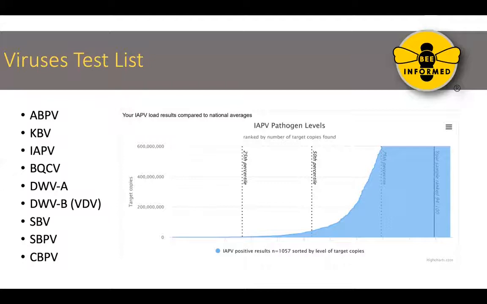Are you in the 25th percentile, so you're lower than the average beekeepers that we have analyzed results for? Are you in the 90th percentile, meaning that you are higher than 90% of the beekeepers we have results for? So basically, in other words, we can't tell you if a certain level is too high, but we can tell you how it compares to the loads that we have in our database.